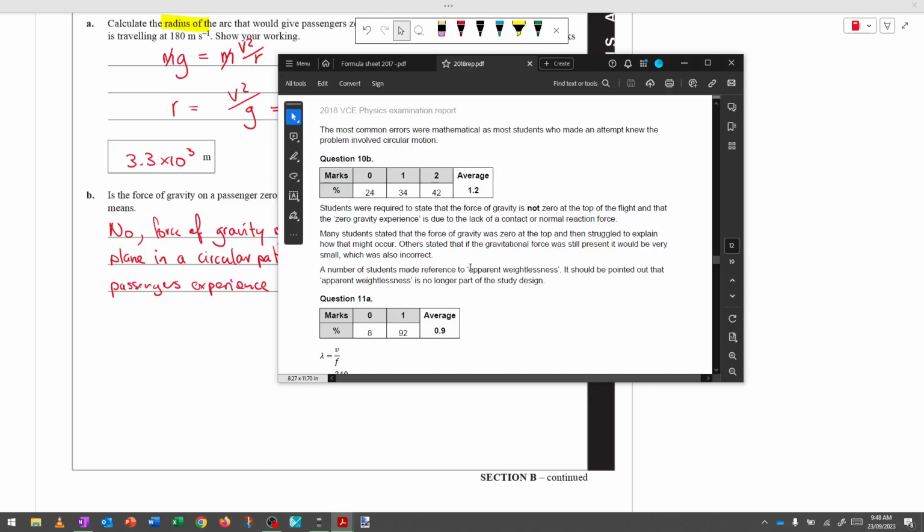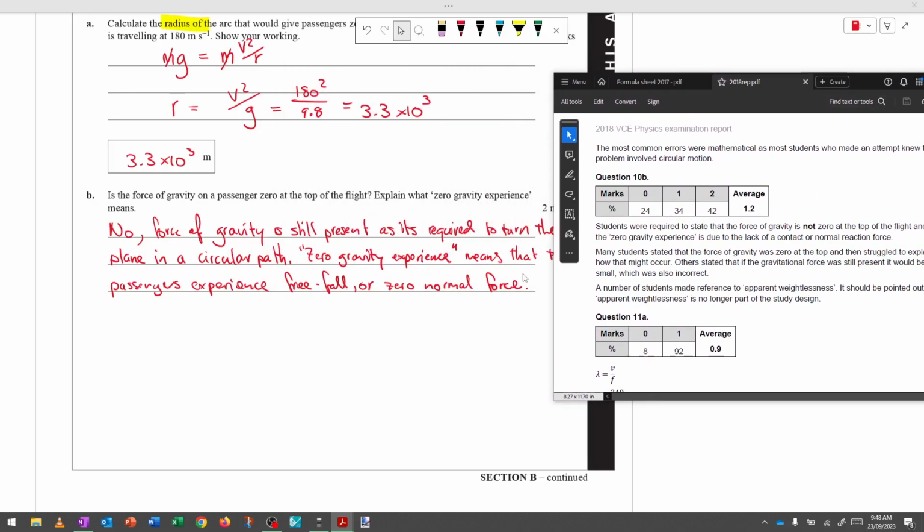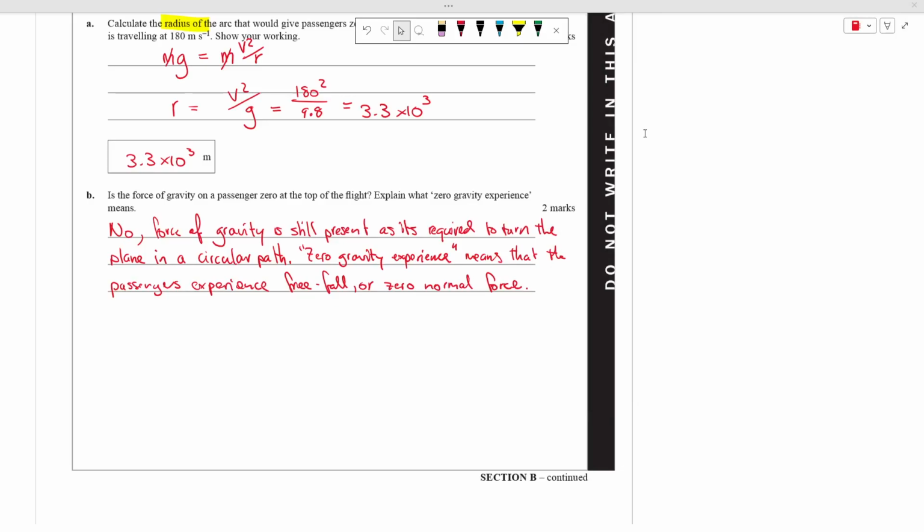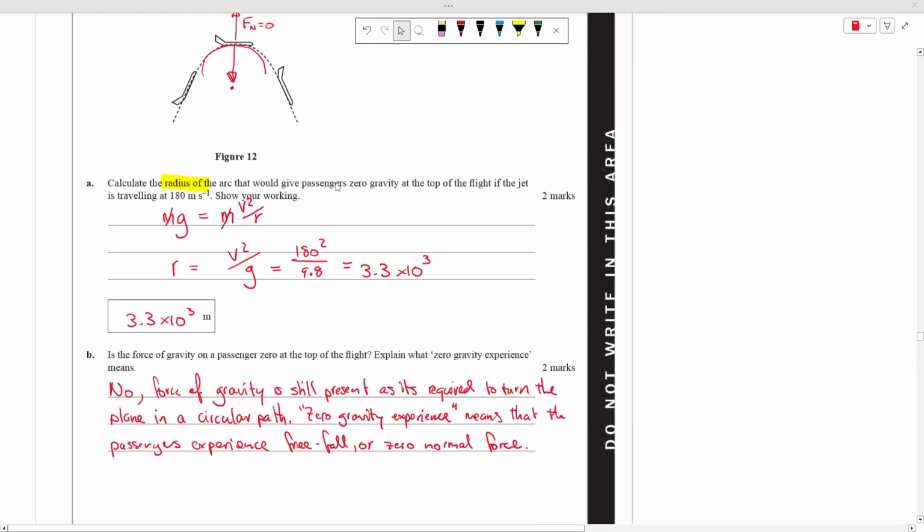A number of students made reference to apparent weightlessness. It should be pointed out that apparent weightlessness is no longer part of the study design, and you should replace that term with zero normal force. Which is probably why they didn't put that in the wording here, but that's neither here nor there.